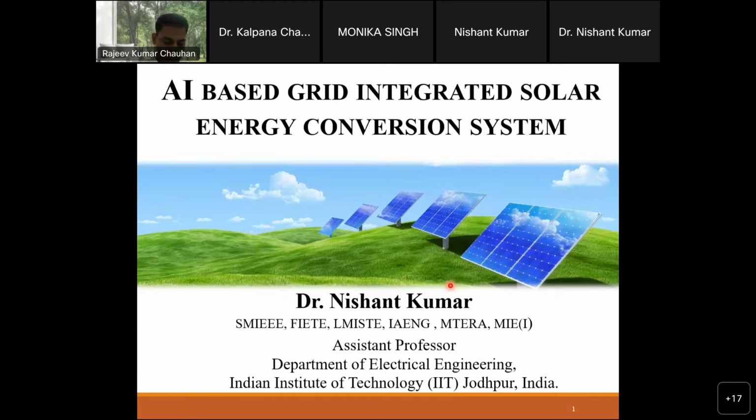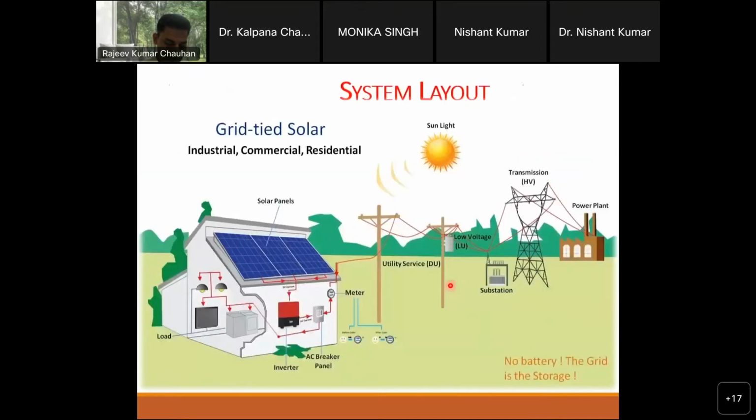I will start from the beginning, then come back to the actual problem. In this entire system, I am considering one solar panel and a few local loads connected with the grid. It is a very simple household, rooftop solar panel type of system. I have not considered a battery here.